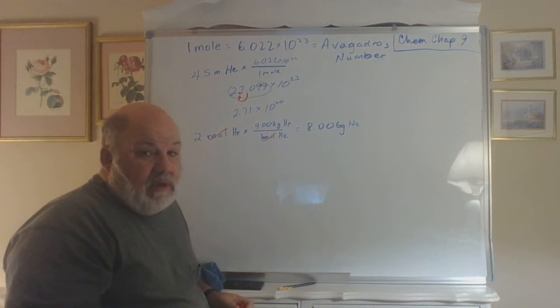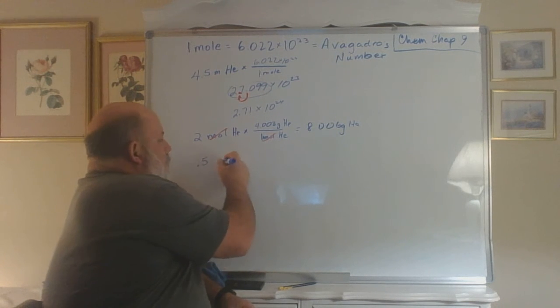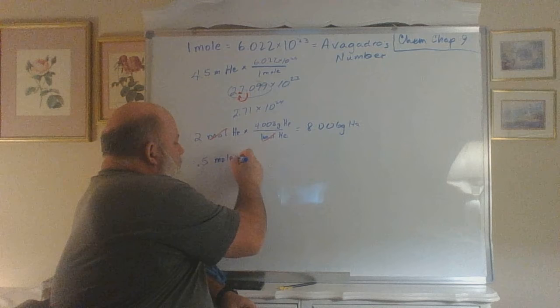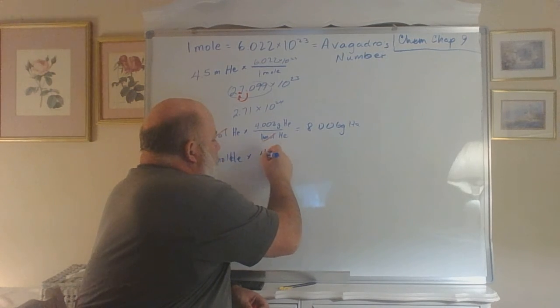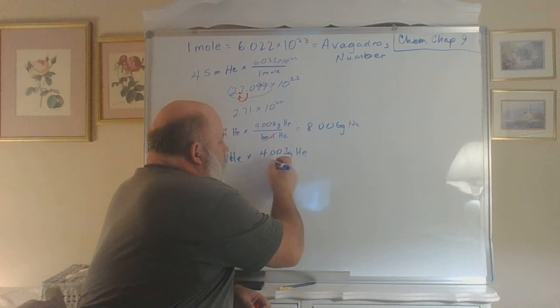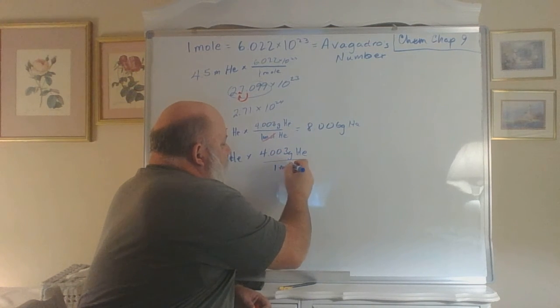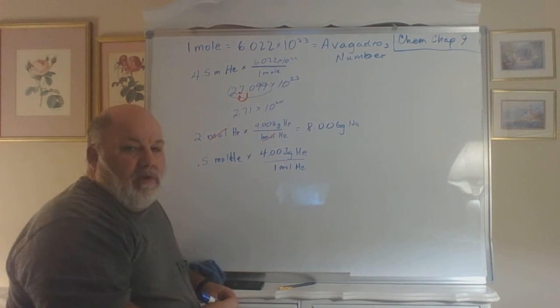Now, the book didn't ask for 2, it asked for 0.5 moles of helium. Well, you're going to do the same thing. I'm going to multiply by 4.003 grams of helium over 1 mole of helium. Now, I know some of you might be able to do this in your head.